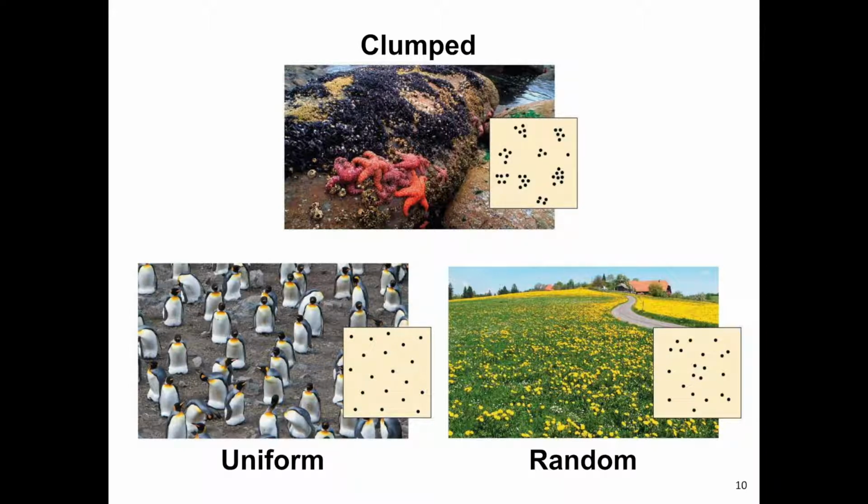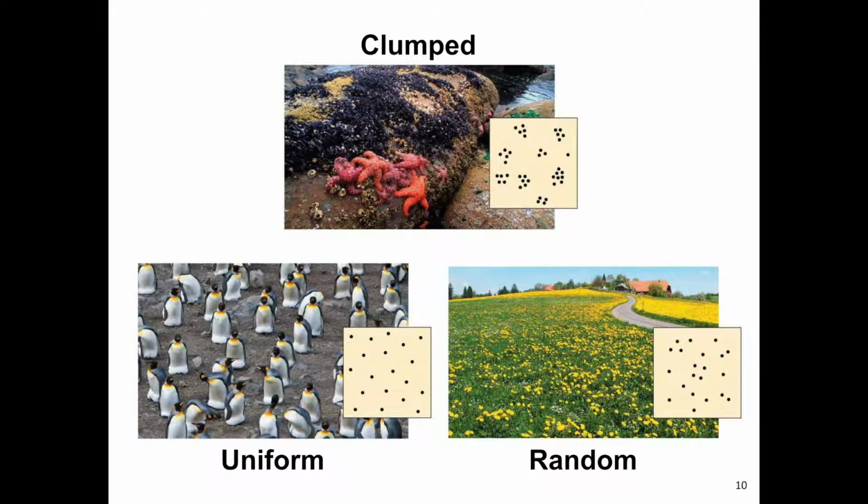Under those conditions, individuals may be distributed more evenly than would be predicted by chance, and ecologists would call those uniformly distributed populations. So in summary, we would define random populations as populations where a new individual has an equal chance of occupying any position within the range, and the location of one individual has no influence on where the next will occur.